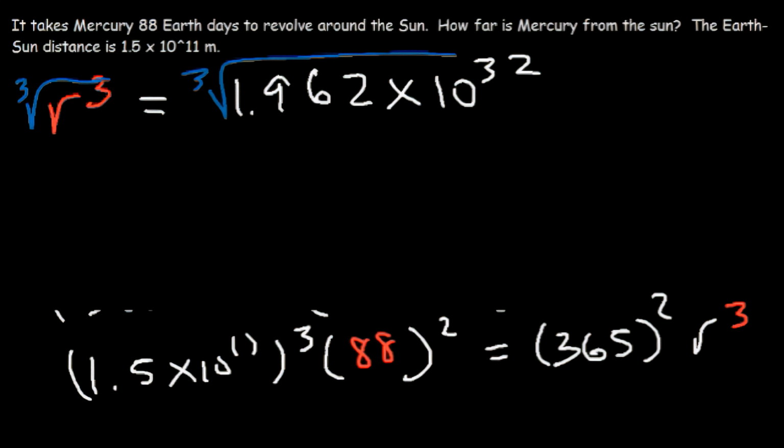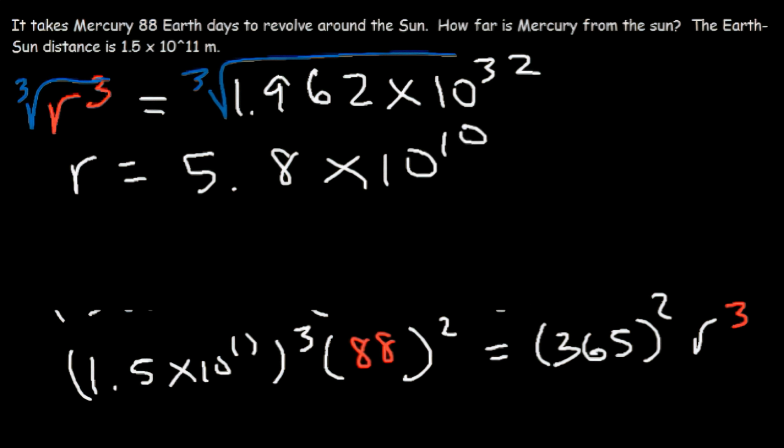If you can't find the cube root function, raise both sides to the 1/3. So then you get a distance of 5.8 times 10 to the 10 meters. So that's the distance between Mercury and the Sun.